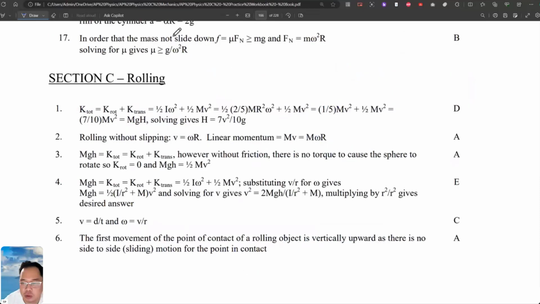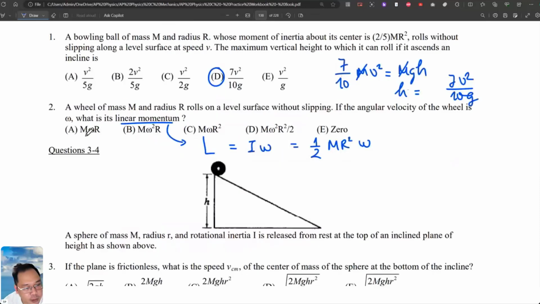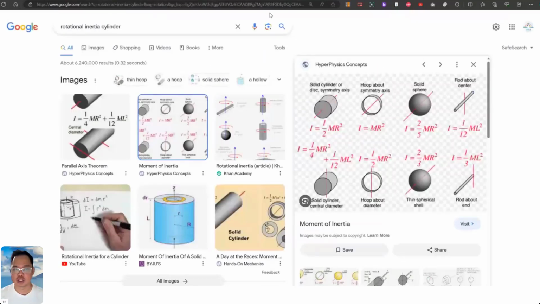Question part 2, A: m omega r. Angular velocity omega, linear momentum, wheel mass m, radius r. My answer is 1/2 mr squared times omega. Rotational inertia of a cylinder, of a wheel.